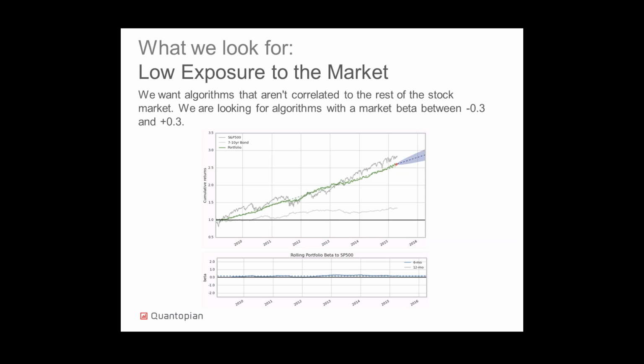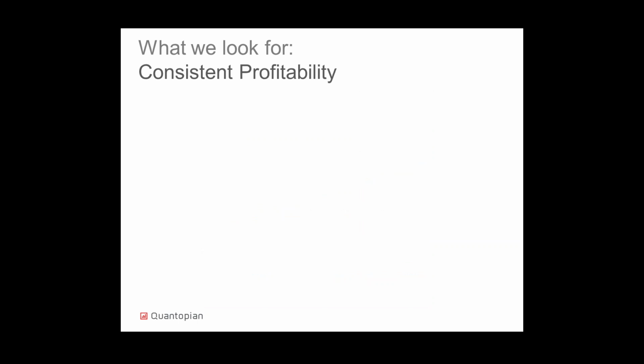And below the equity curve, I've got a plot of the rolling portfolio beta. They're hard to see because they're very small and overlaid, but I'm computing the trailing 6-month and 12-month rolling beta to the S&P 500, and so you can see that this algorithm has maintained a very consistent and very low beta. That's right in the zone of what we're looking for.